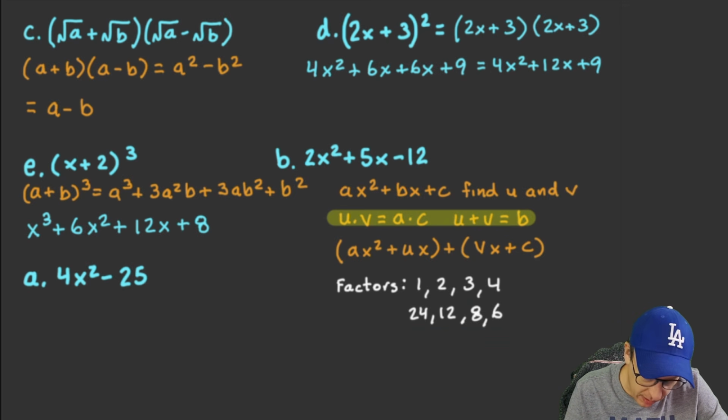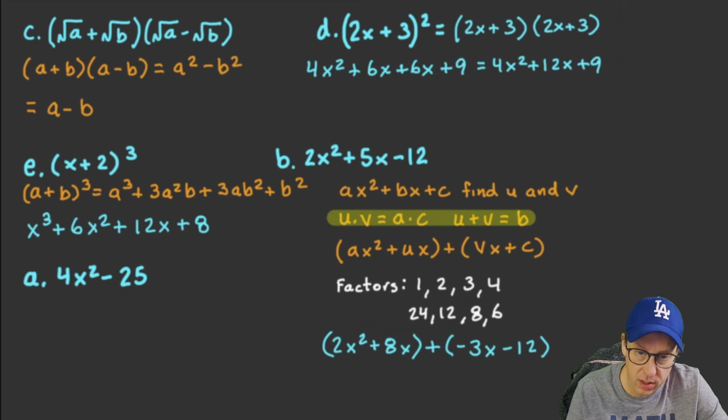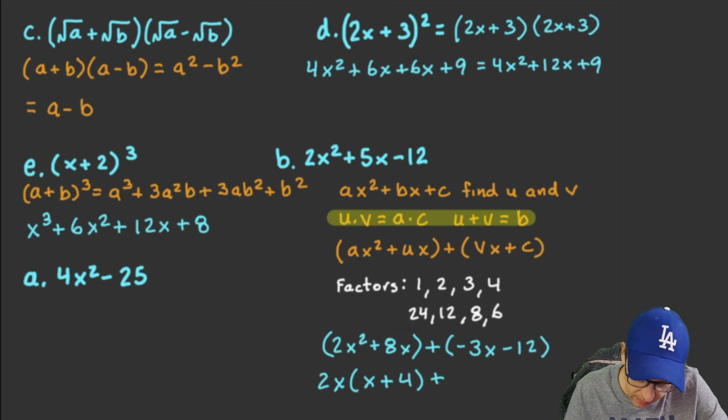So that's going to give us 2x squared plus 8x, let's put these in parentheses, plus, and this is basically the same problem as we had previously, it's just slightly different, negative 3x minus 12, and we need to factor out the common terms, which are going to be 2x in this situation, which is going to give us x plus 4 plus, and let's just leave that negative.